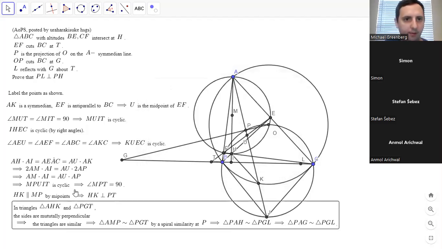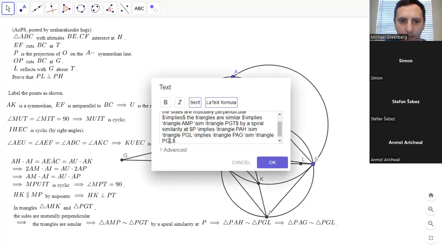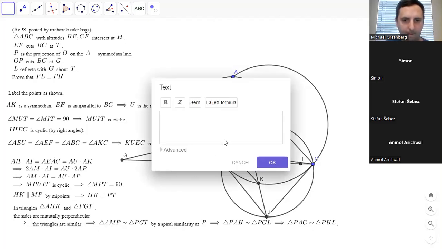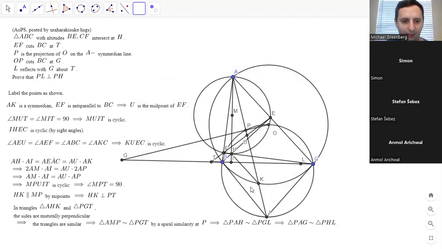And from there we get PL is perpendicular to PH. All right. This was a fun one. So yeah, I like this problem a lot.